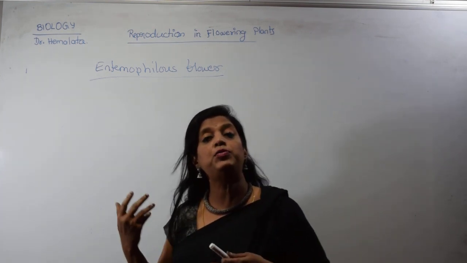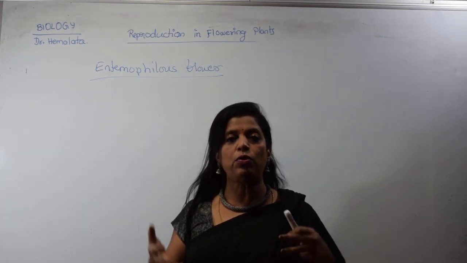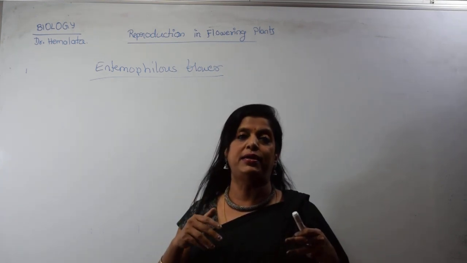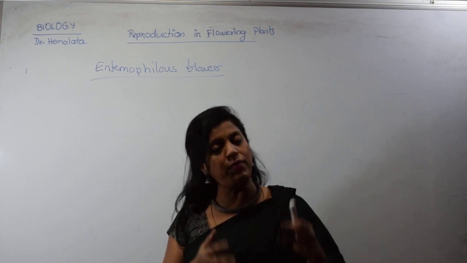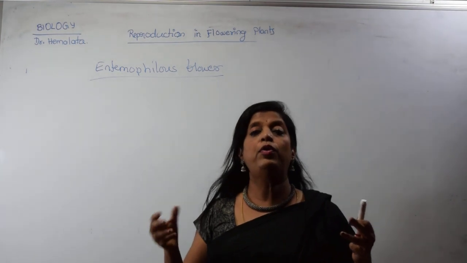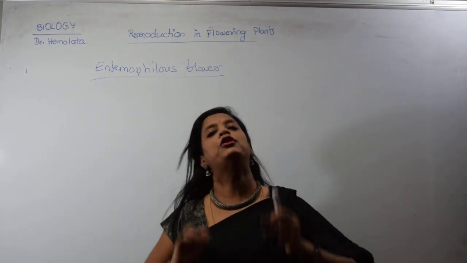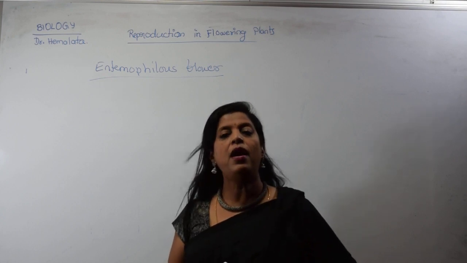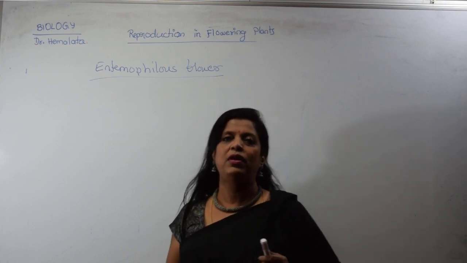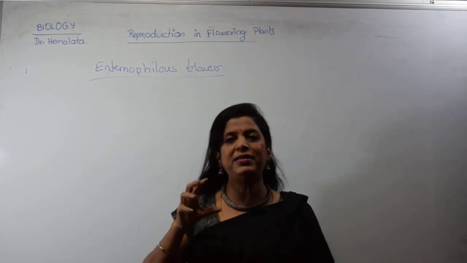And sometimes these pollen grains are more nutritious. Why? Because insects will not only come there to collect nectar; along with some having nectar, some should have pollen grains which are highly nutritious. Therefore, most of the insects will come there, they will live on the pollen grains only, that is their food. Right? And you must be wondering, there is one chapter in animal behavior in which insects dance.